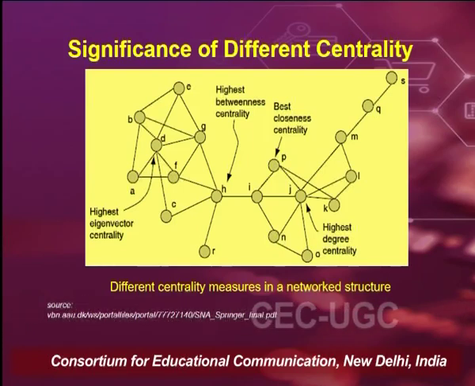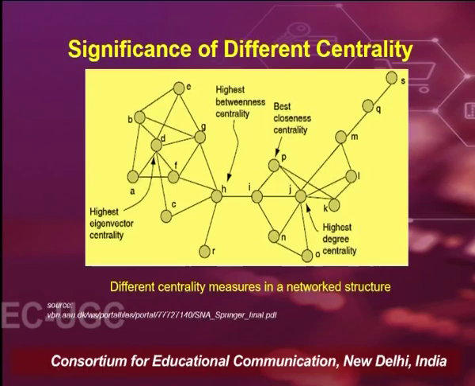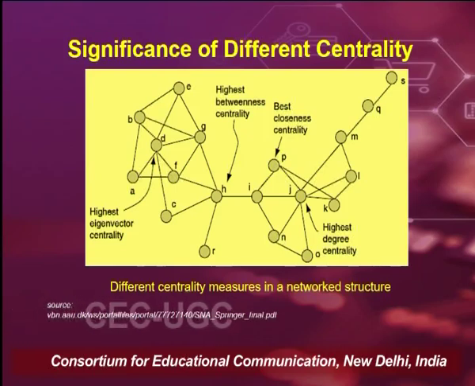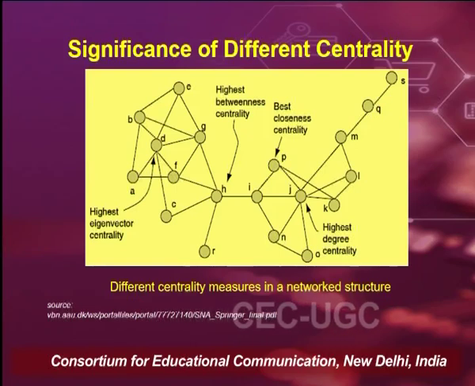For example, a node that has a highly compact neighborhood, that is, the maximum number of nodes in its immediate neighborhood or vicinity, is said to have the highest degree centrality. There are some nodes which are well positioned in the network, and information or any kind of content can travel from that node to other nodes in a very uniform manner.